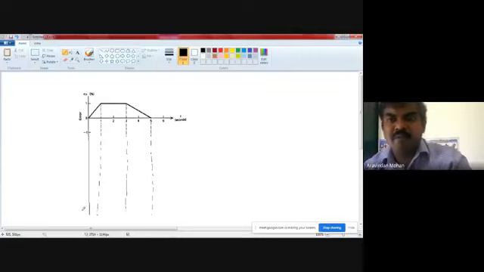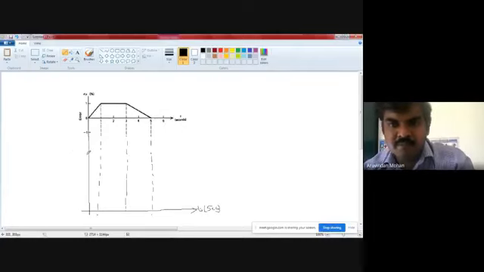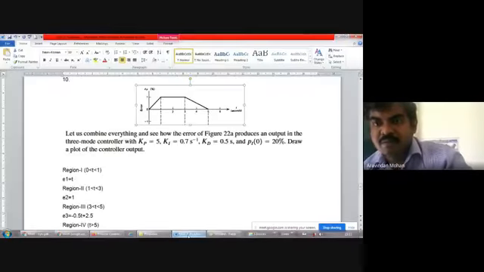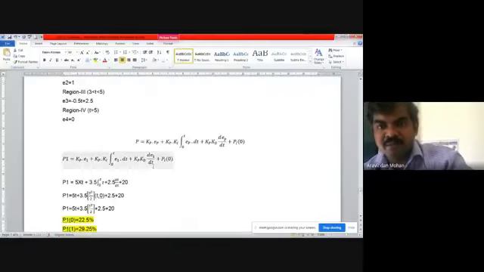Okay, so let this be the T in seconds. Okay, seconds, and let this be the controller output. So it is equal to P of T controller output. Now what are all the values? So first let me copy down all the values there.